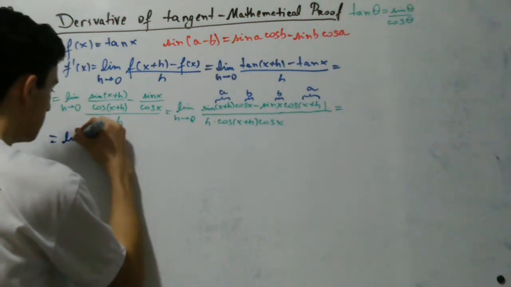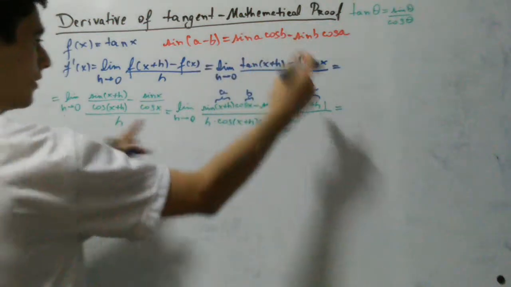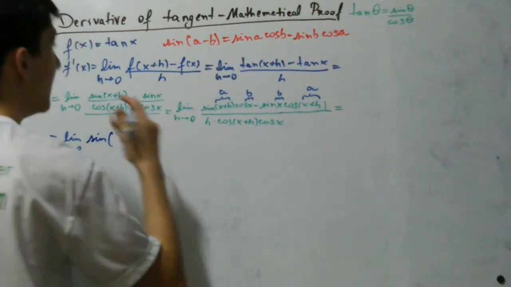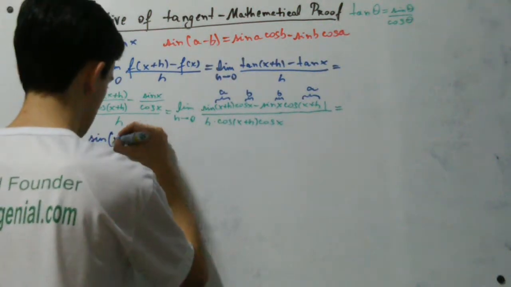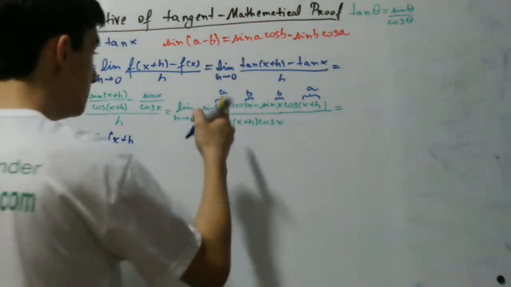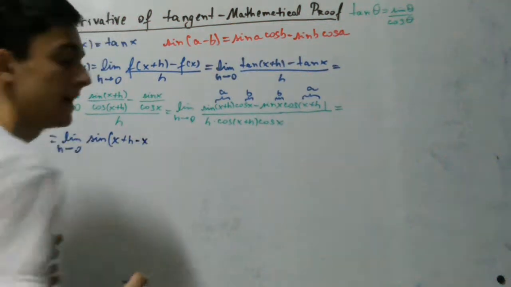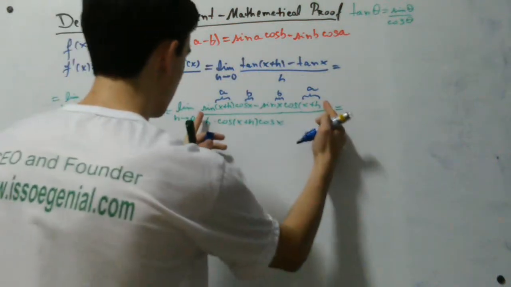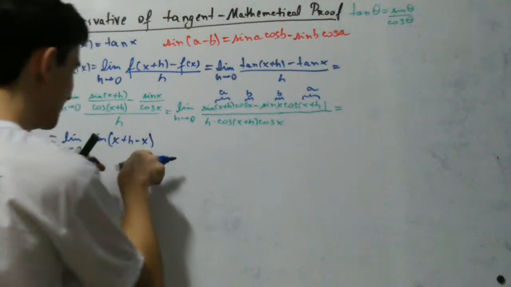This is equal to the limit when h approaches 0 of, we are getting from this to this. So this is going to be the sine of a minus b. a is x plus h, and b is x, so minus x. So notice that we have simplified a lot. All of this just became this.